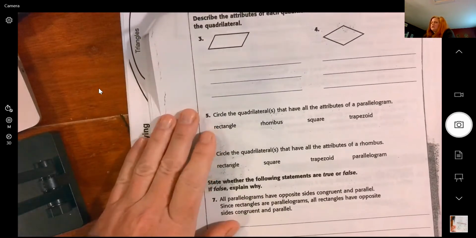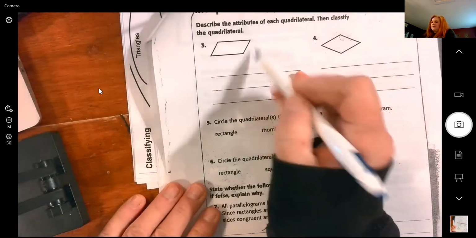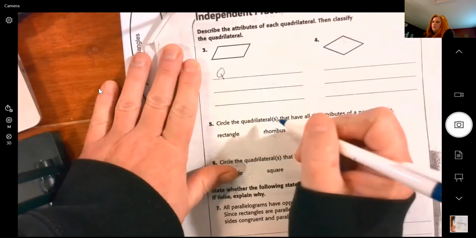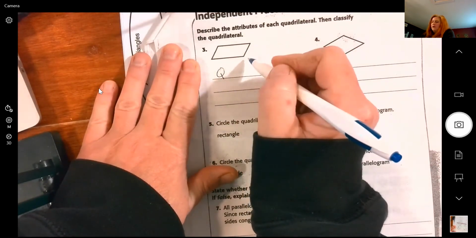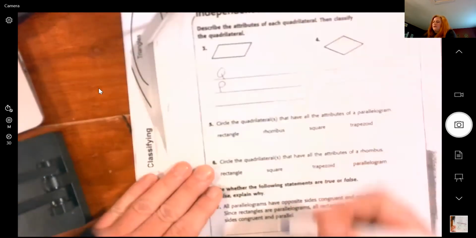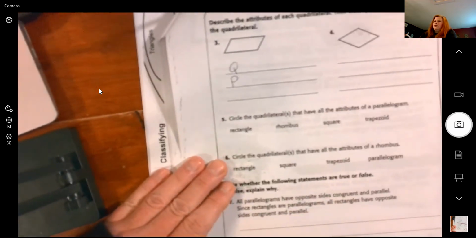All right, let's just look at a couple of these. First, we're going to start off. How many sides does it have? 4. So it's a quadrilateral. Are the opposite sides parallel? Yes. So it's a parallelogram. I'm just going down the list. Does it have congruent sides?